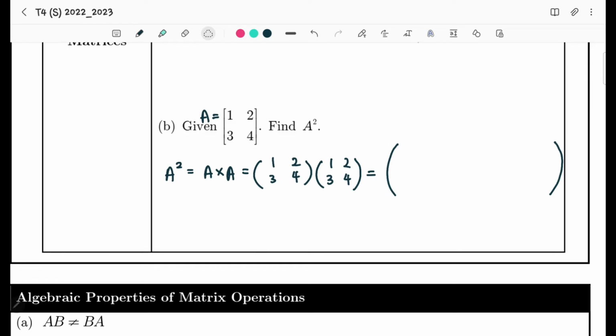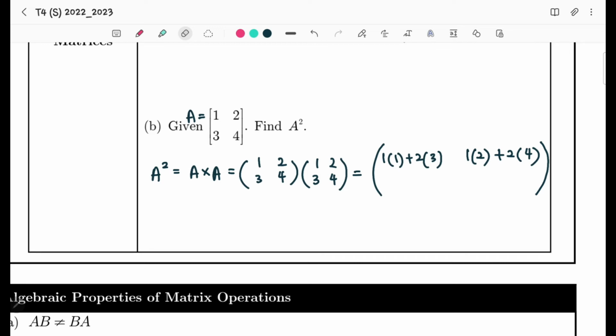Example B, given A is equal to 1, 2, 3, 4, find A squared. So for A squared, okay, you have to multiply the matrix by itself. So A times A. Okay, so how do we do this? Just the same process. Okay, first row and first column, and then first row and second column.